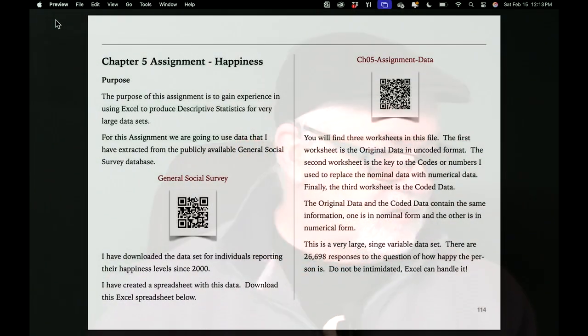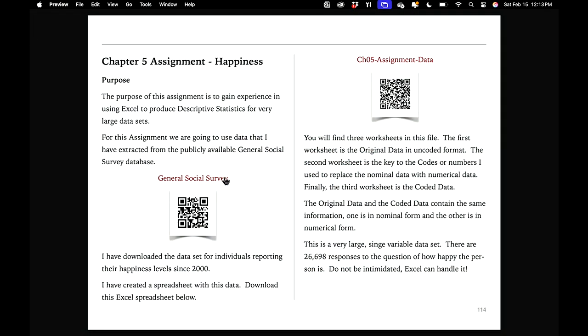And that large database is actually, let's look at this here. It's in the assignment. Right here, here's the assignment. This is the data. This is the general survey that it came from, if you want to look into that. This right here is an Excel file. This is that Chapter 5 assignment data.